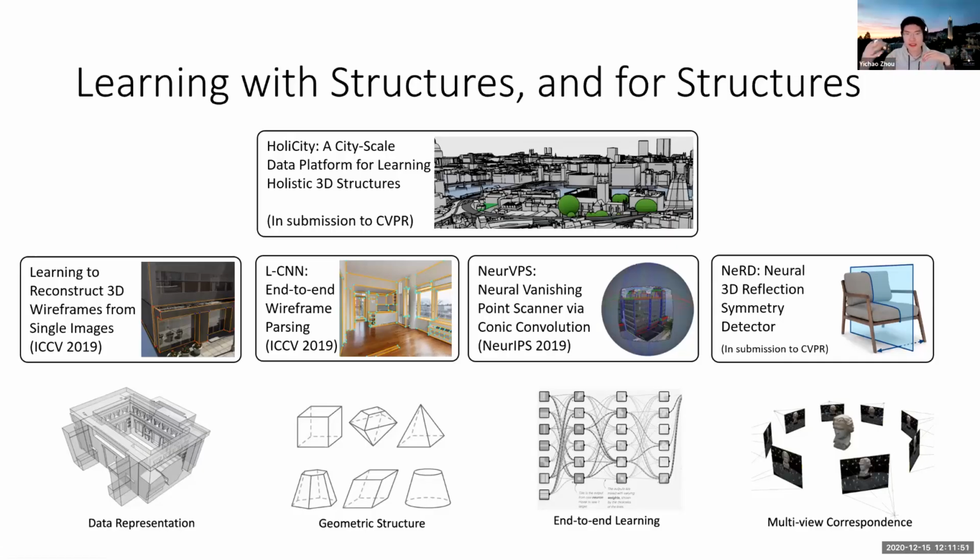In 3D, you need something like a CAD model representation with a very sophisticated computational geometry algorithm to project it back to the image space. So this kind of thing is currently lacking. So I hope my dataset, Holy City, can somehow alleviate this problem.